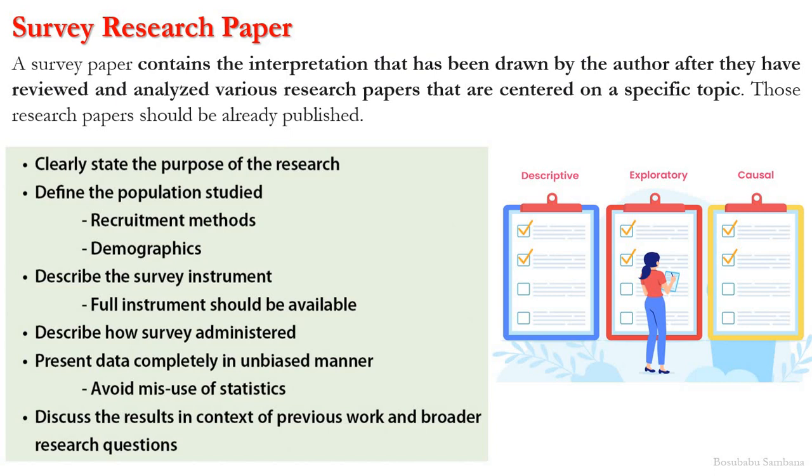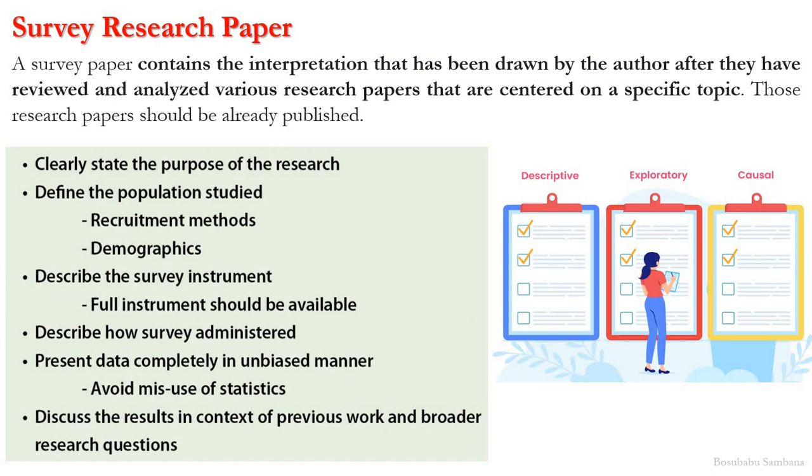You have a clear-cut idea about the problem, the exact state, the exact situation, the purpose of the research, and define the population studied, and describe the survey instrumentation approach.